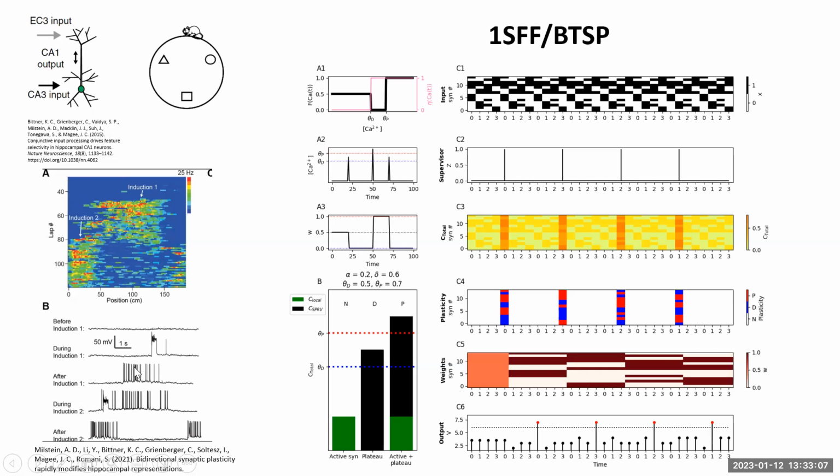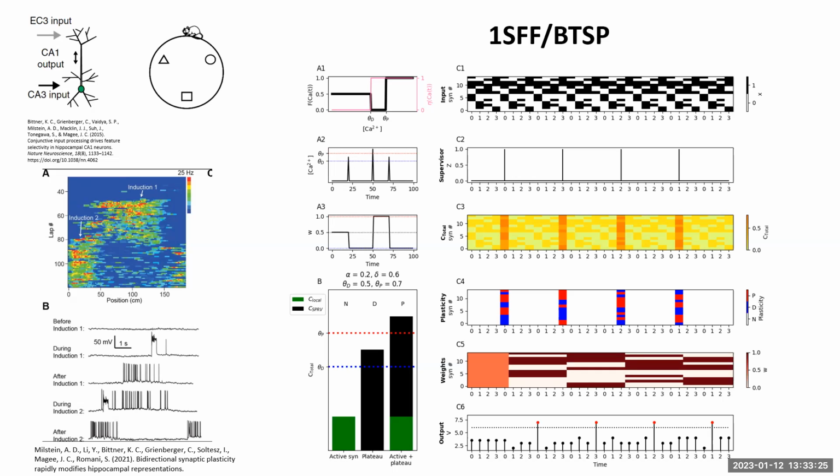We're going to ignore all of these temporal aspects, the fact that you can have two place fields, and just say this is how it works: the supervisory signal creates a place field.